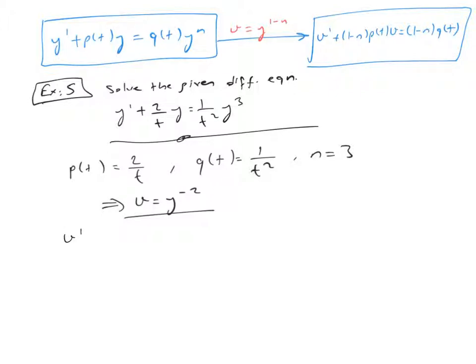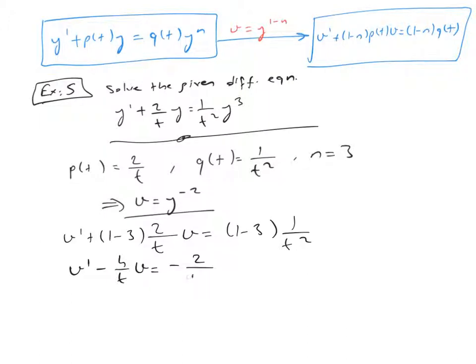V prime plus 1 minus 3 times 2 over t times v is equal to 1 minus 3 times 1 over t squared. And here v prime minus 4 over t times v is equal to minus 2 over t squared. And here we get a linear differential equation.